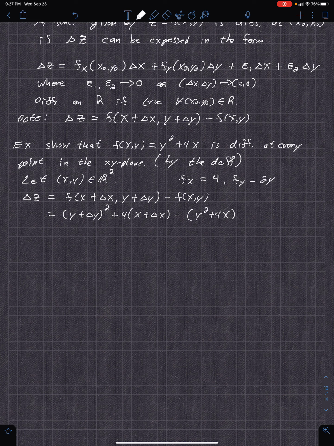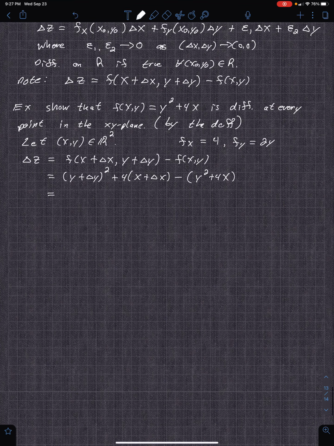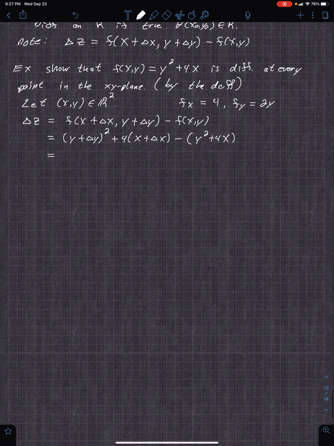Okay, then when we expand this out, we're going to look for partial fx, partial fy in this expansion. So let's multiply it out, simplify it. Okay, so that's equal to y squared plus 2y delta y plus delta y squared.